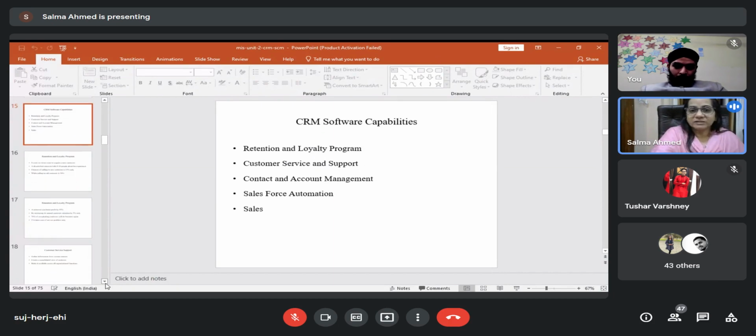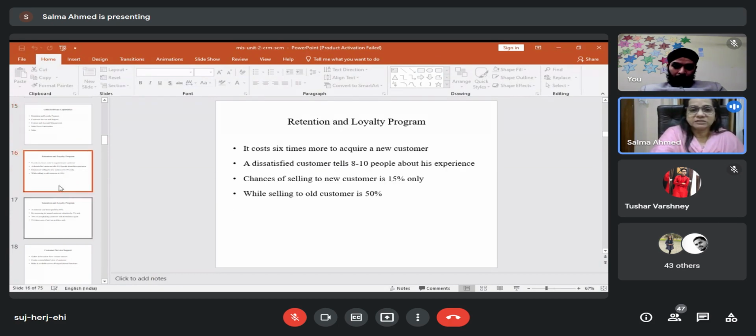We also threw light on CRM software capabilities, which were retention and loyalty program, customer service support, contact and accounts management, Salesforce automation. So these are the things that we discussed. A dissatisfied customer would talk about his dissatisfaction to 8 to 10 people.